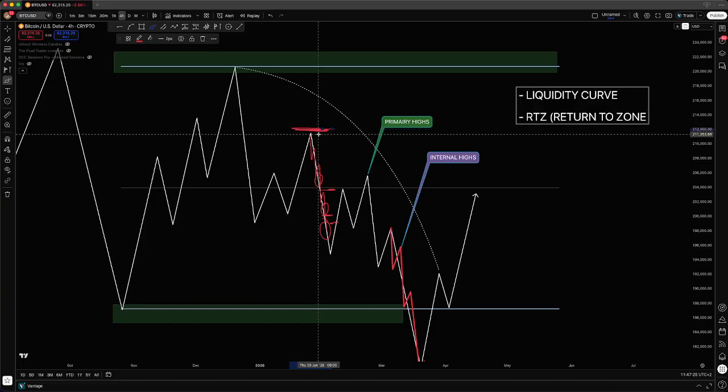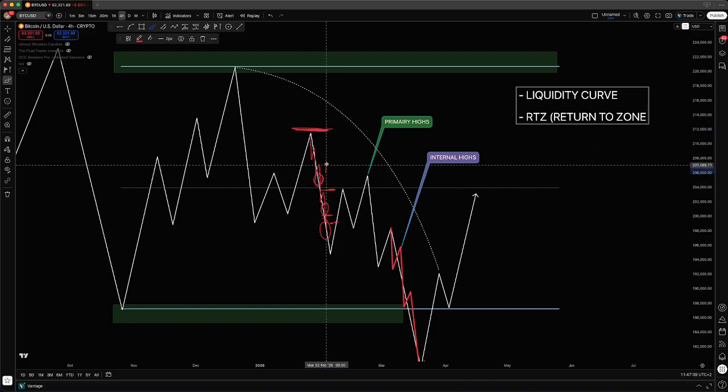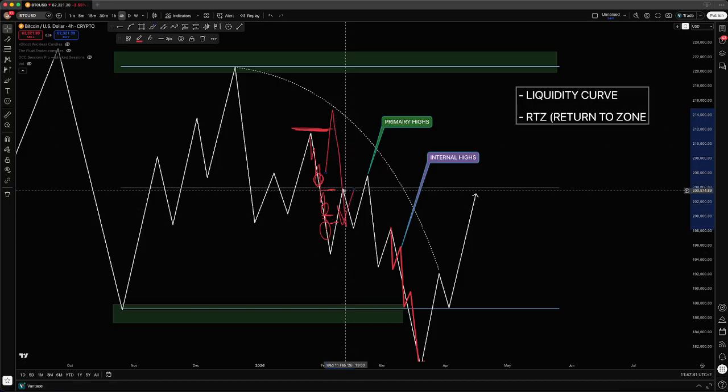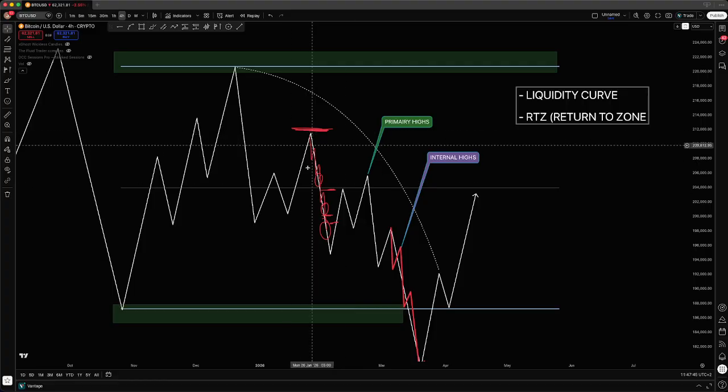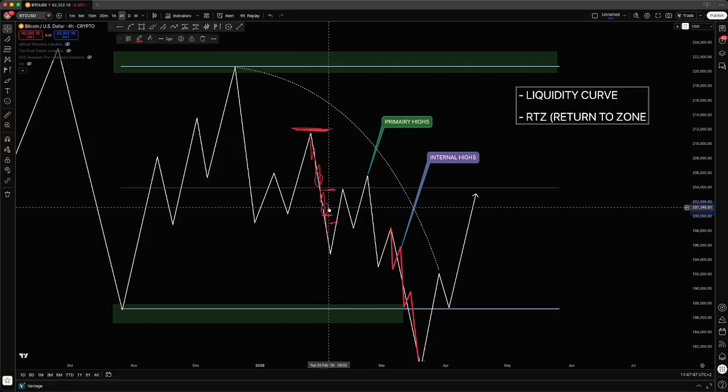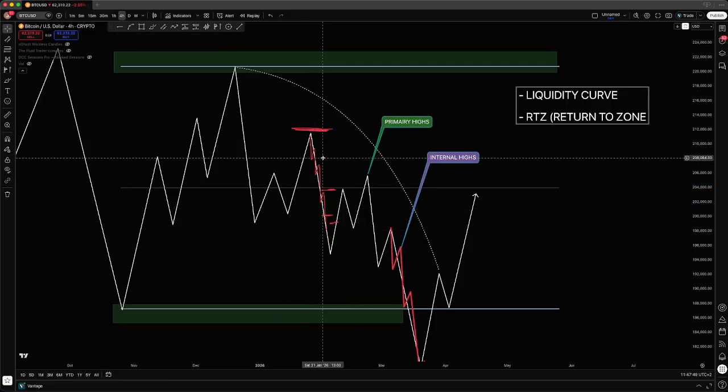This is just a simple invalidation of the market structure. So it also makes a great magnet for the price to manipulate. Sometimes, if people put stop losses here, we take out the high before we go lower.